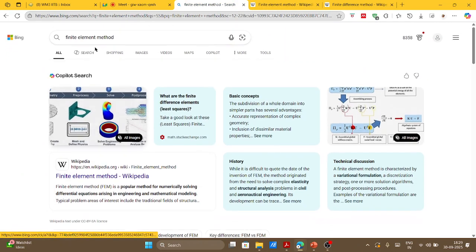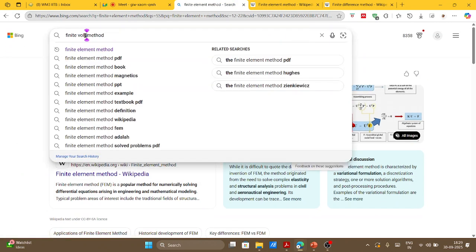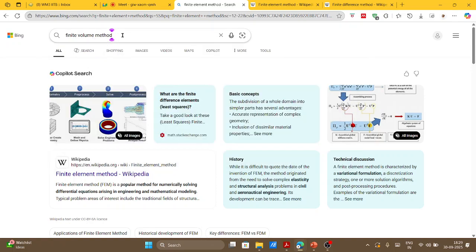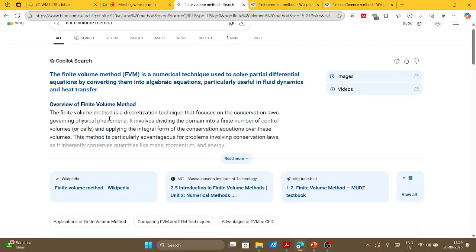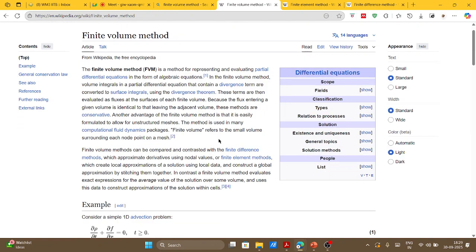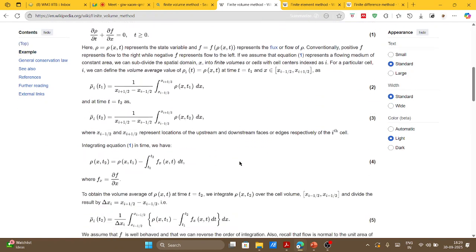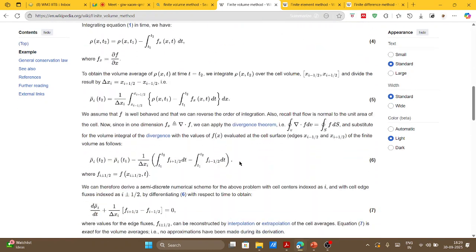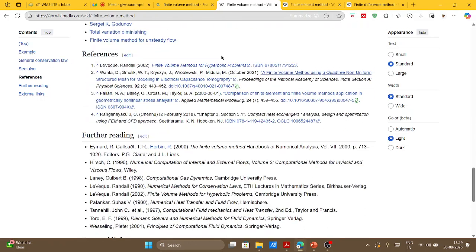Similarly, you have the finite volume method. Here also the description is given, along with the equation part, right?